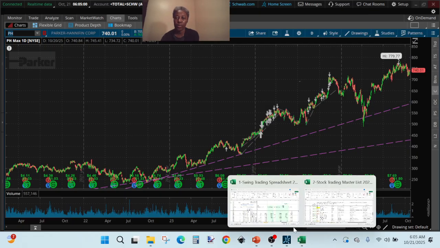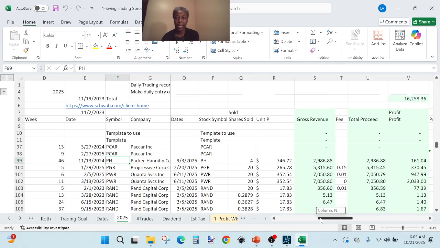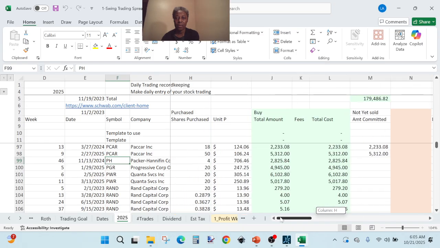If you are looking at those two, for instance, PH that we purchased in 2024, we allocated less dollar amount to it. And PGR that we purchased in 2025, we allocated more dollar amount to it. Just start small first and just grow from there.